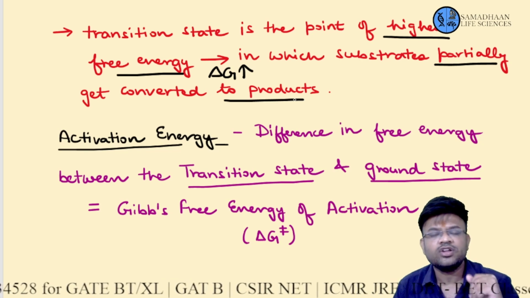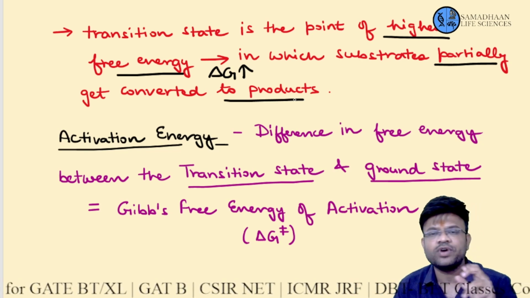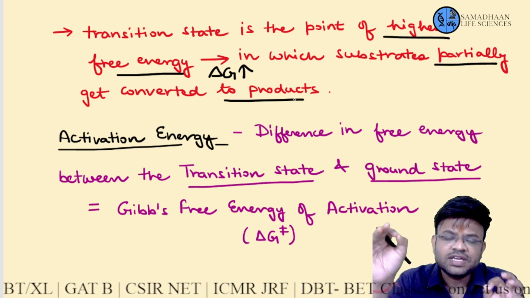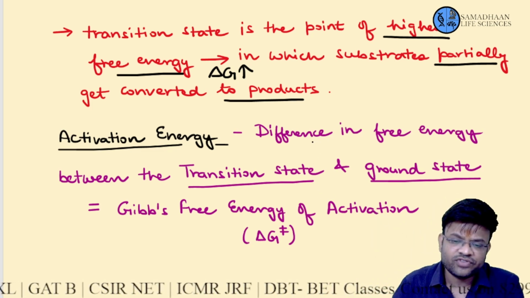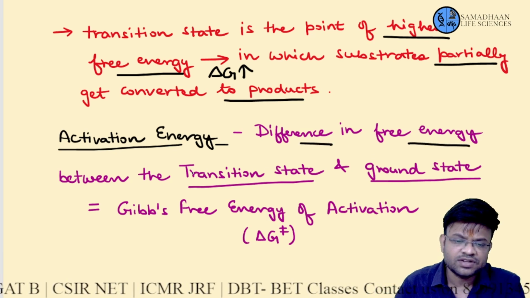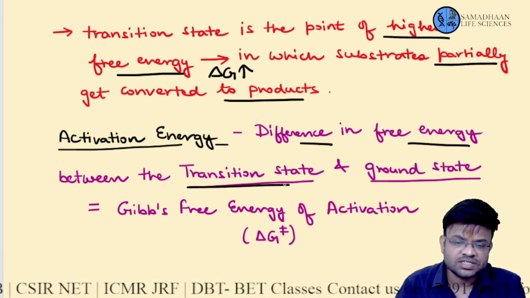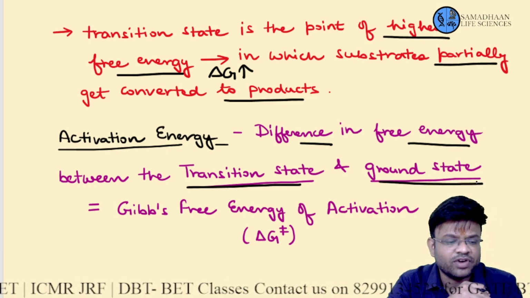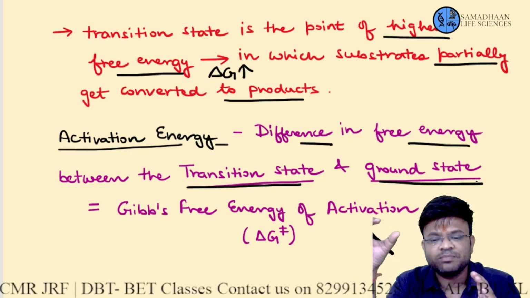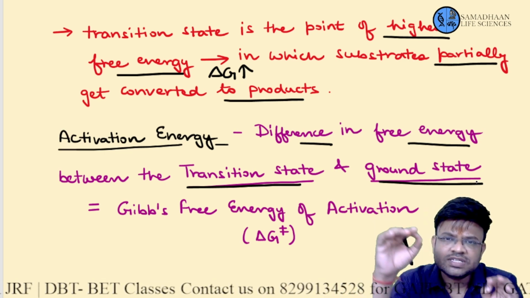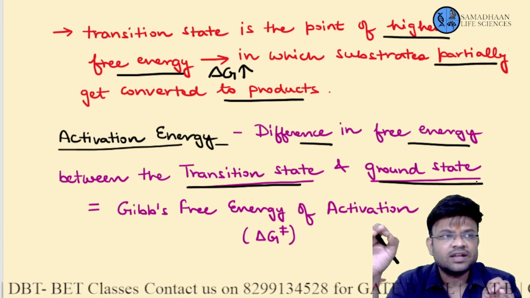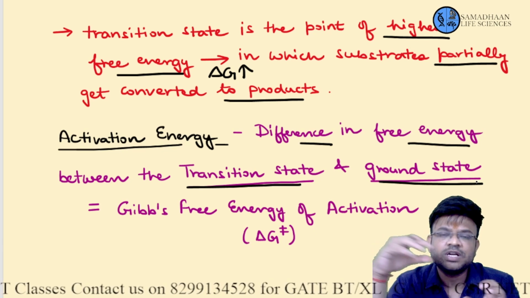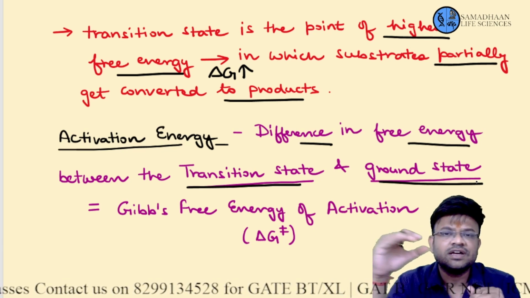Now, what do you mean by activation energy? The next point that I want to discuss is activation energy. Activation energy, as the name suggests, is the difference in the free energy between the transition state and the ground state. I'll be showing it to you with the help of a diagram, and then you would be able to understand it in a much better way. But for now, just understand that it is the difference in the free energy between the transition state and the ground state.